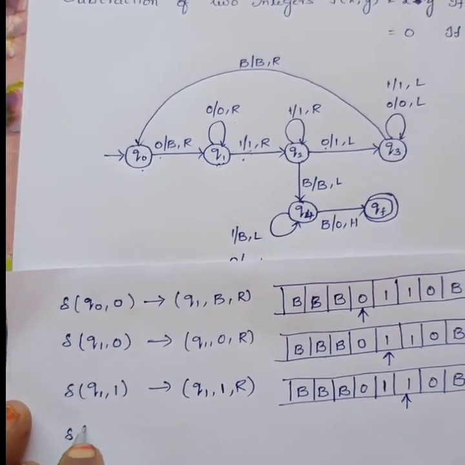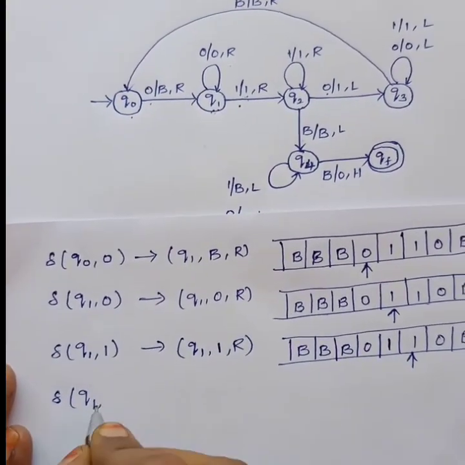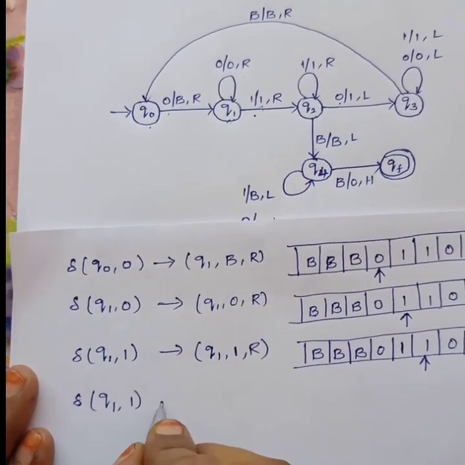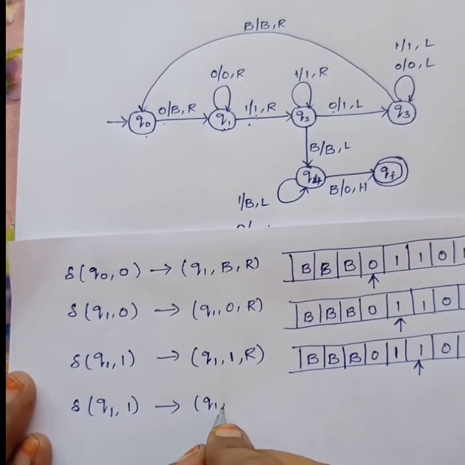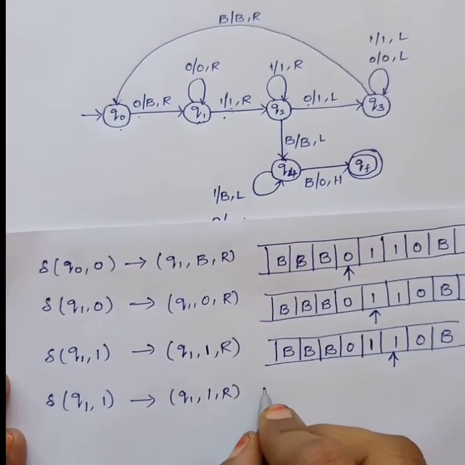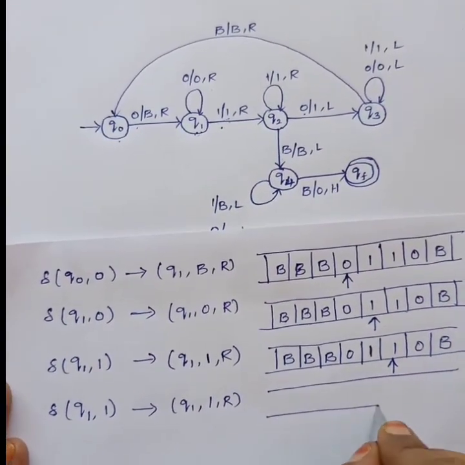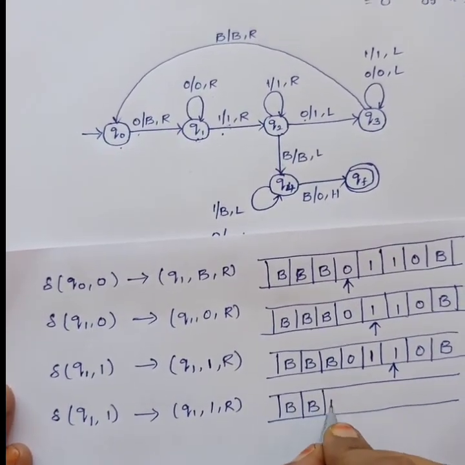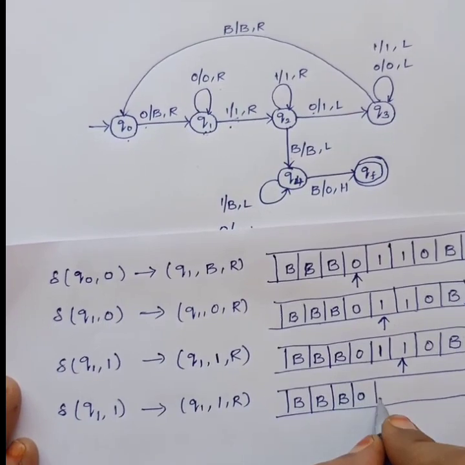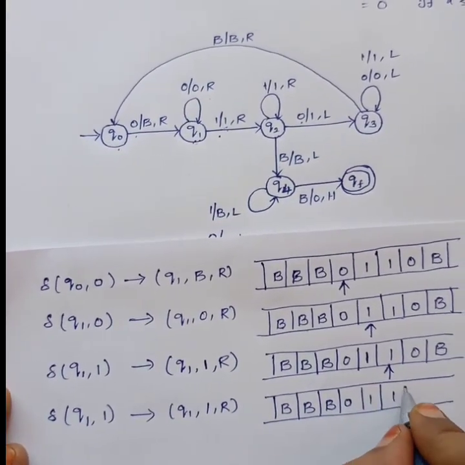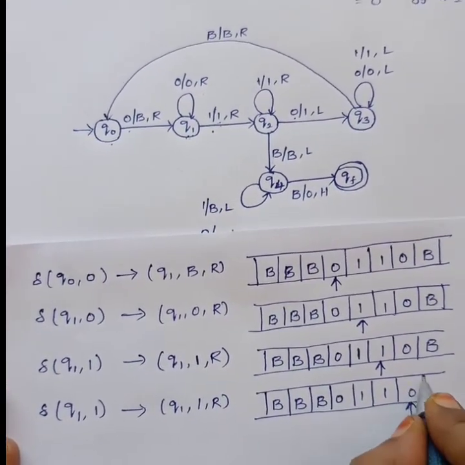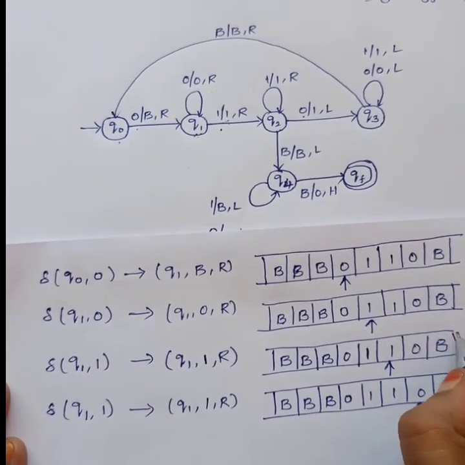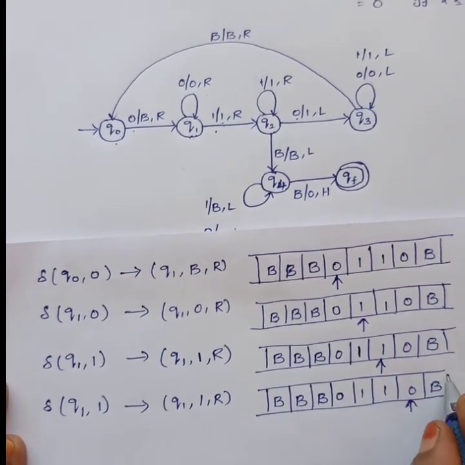Now I am in Q1 state, what is the input here? It is 1, the same. If I get 1, just move to right by placing 1 itself. Moving to right. Now the read write head indicates this 0.